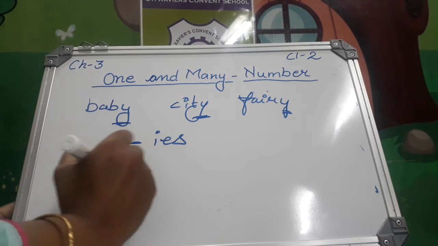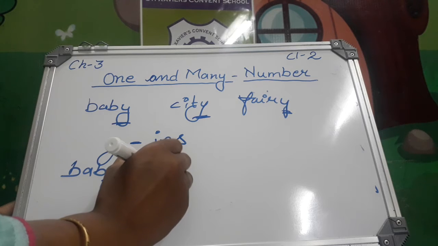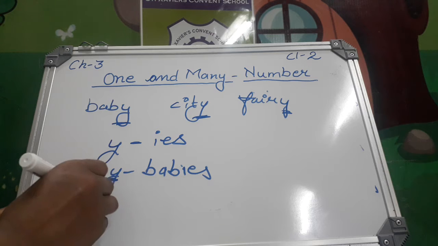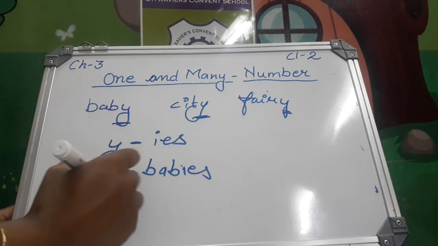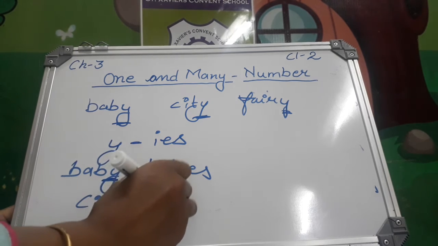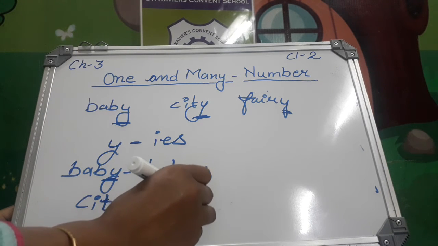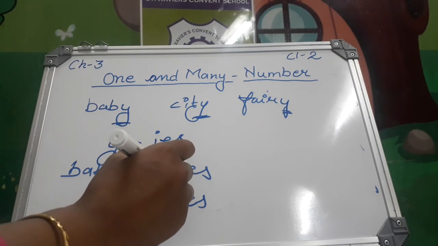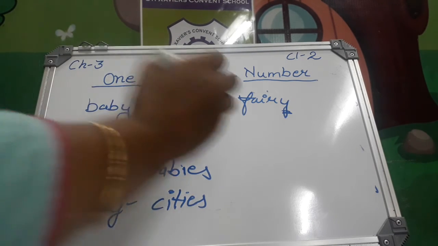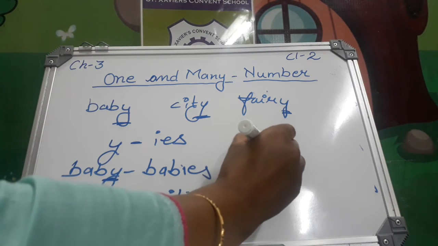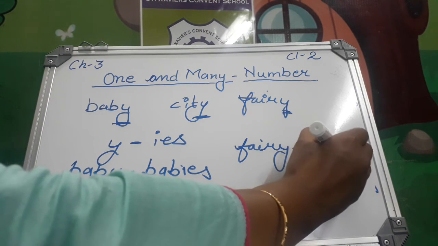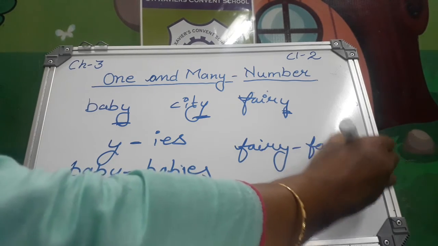For example, baby. Baby will be, we have to change y here. Babies, ies. City, change y here. City, cities. We have to remove y and use ies. Fairy, fairies.